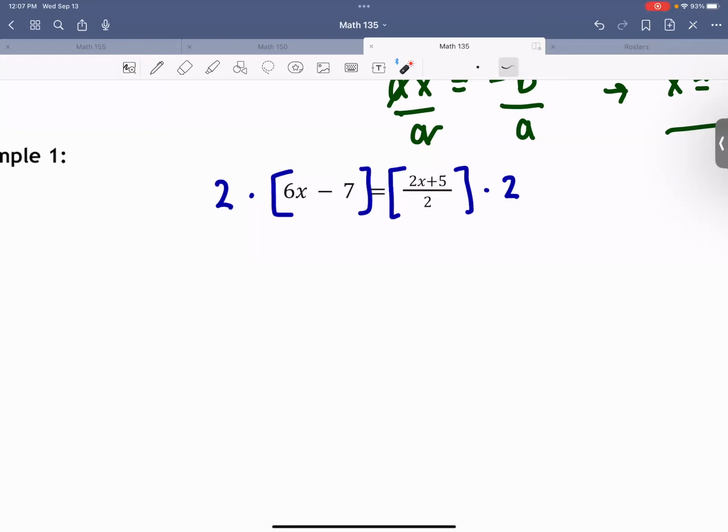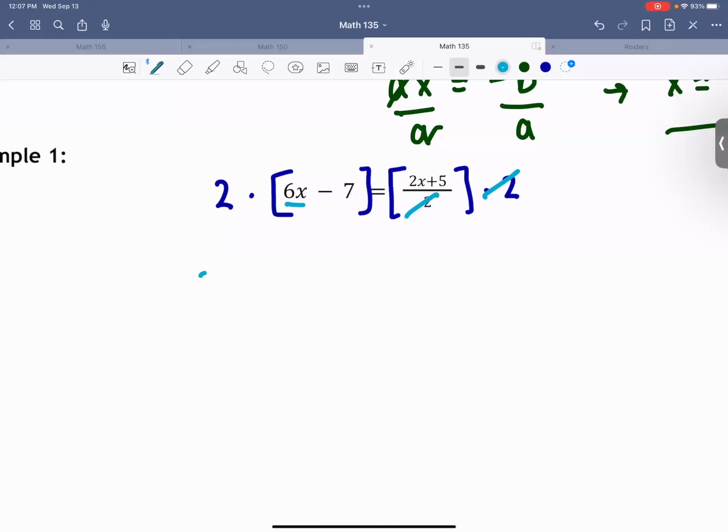Now, the goal in each step is to make the equation simpler and simpler to work with, right? So I think if I multiply by 2 on both sides, well, these 2s cancel out. And now my equation is going to look a little bit simpler. Let me show you what it looks like. If I multiply one whole side by 2, I'm not just multiplying the 6x by 2, I'm multiplying the entire thing by 2.